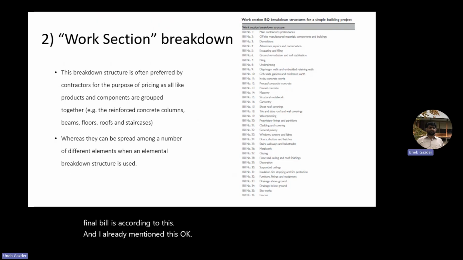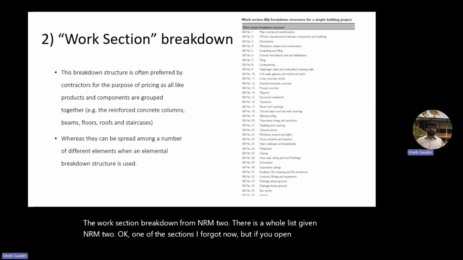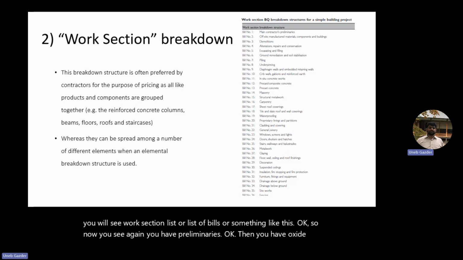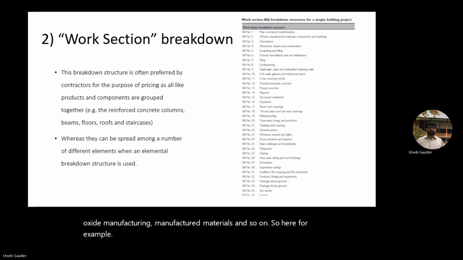So you can see the work section breakdown from NRM2. There's a whole list given in NRM2. One of the sections, I forgot which, but if you open it, you will see the work section list or list of bills. Now you see again you have preliminaries, then you have off-site manufactured materials and so on.